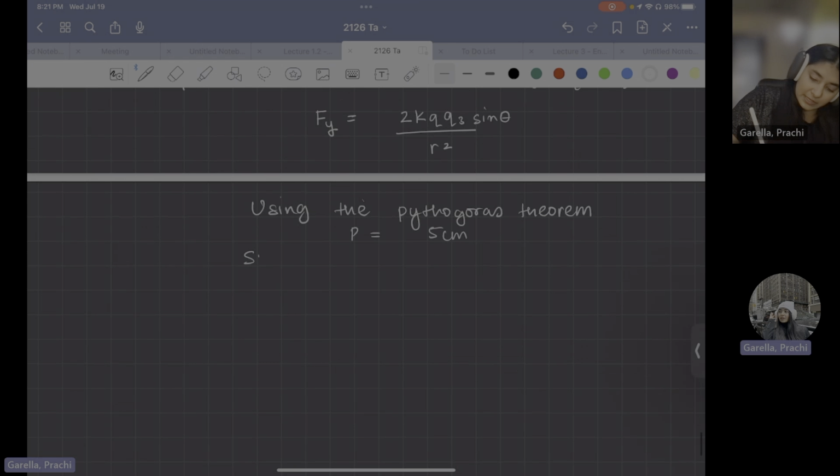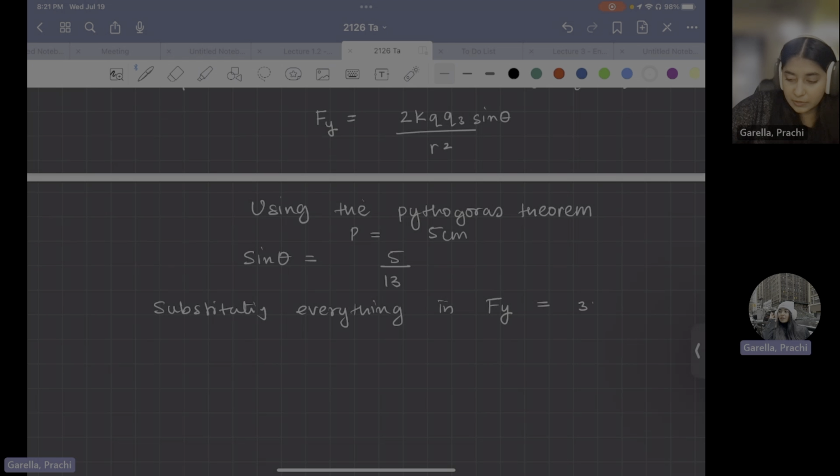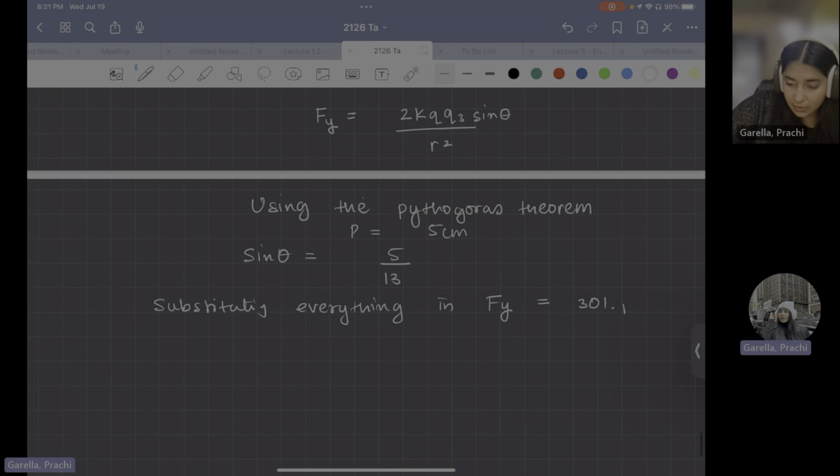Now sine theta is just 5 over 13. Now we substitute everything in Fy, and we get Fy to be 301.1 newtons.